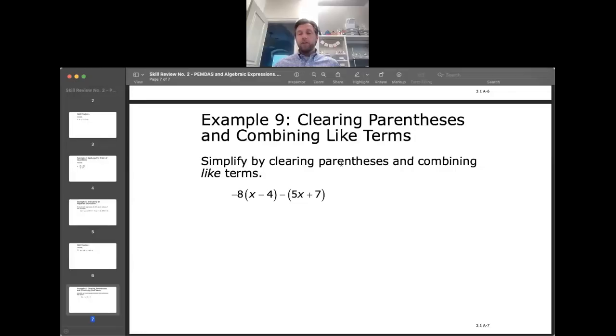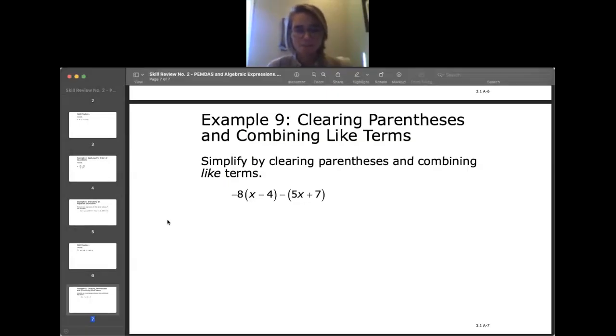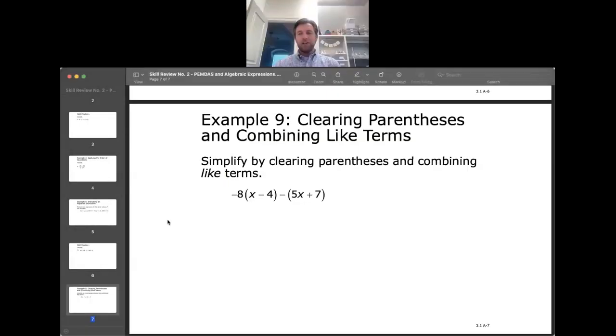So how do we get rid of these parentheses? Those are the barriers. What are we going to do? Distribute. Okay. So how about the first part? Distribute -8 to the x and the -4. Addie, you get the pleasure of telling me what that is. -8 into there, multiplying here.